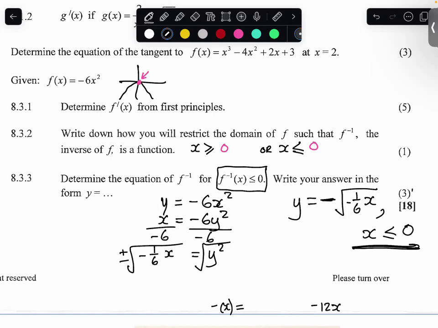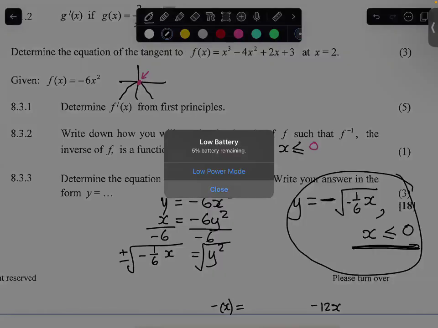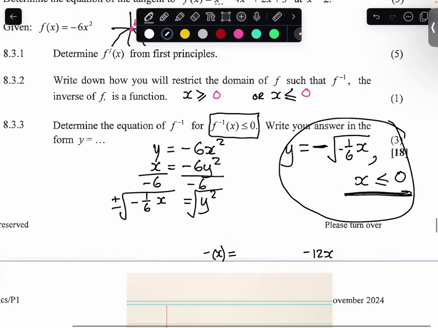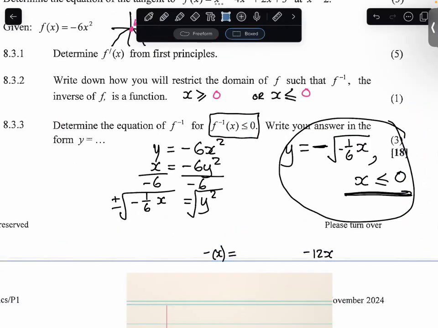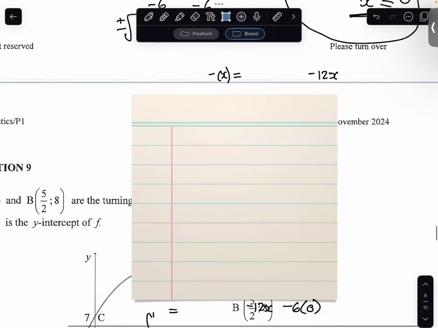If you don't know this theory of the parabola's inverse, you need to go to the grade 11 Google Classroom and watch the video on this. Okay? All right. That's that. That's the equation, right? On to question 9.